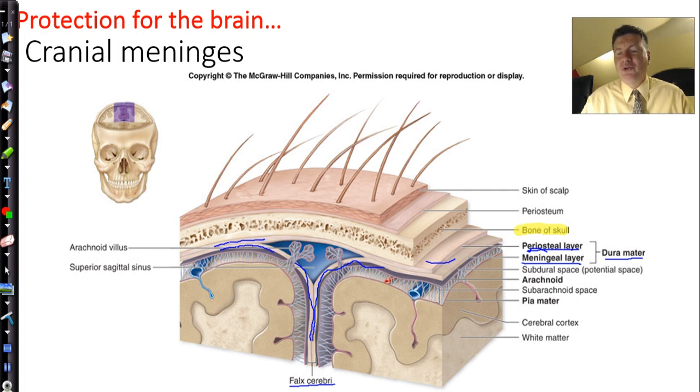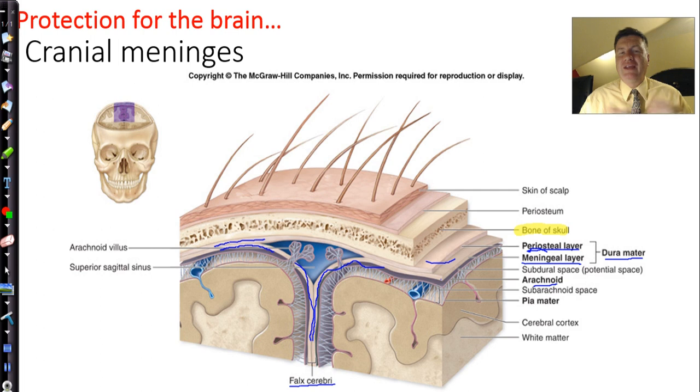There's going to be a subdural space, and it's going to be a serous space, which means there's going to be a slight greasing fluid there. The next layer, the next meninge, is the arachnoid, and we've seen the arachnoid before. It's going to be a thin, whispery layer that it's a little hard to see on this diagram, but it's going to be right there, I believe.